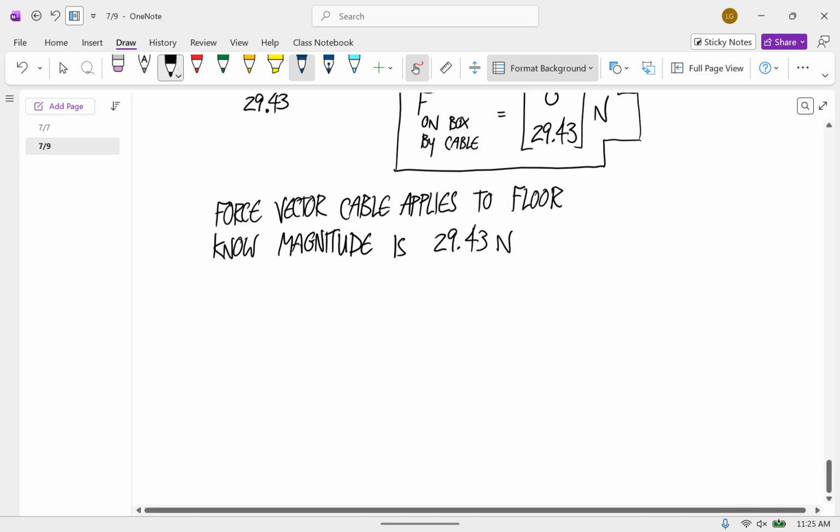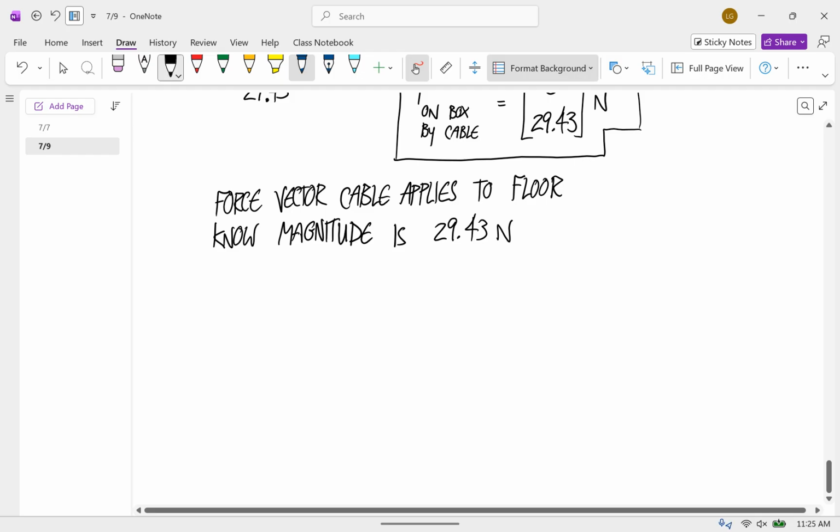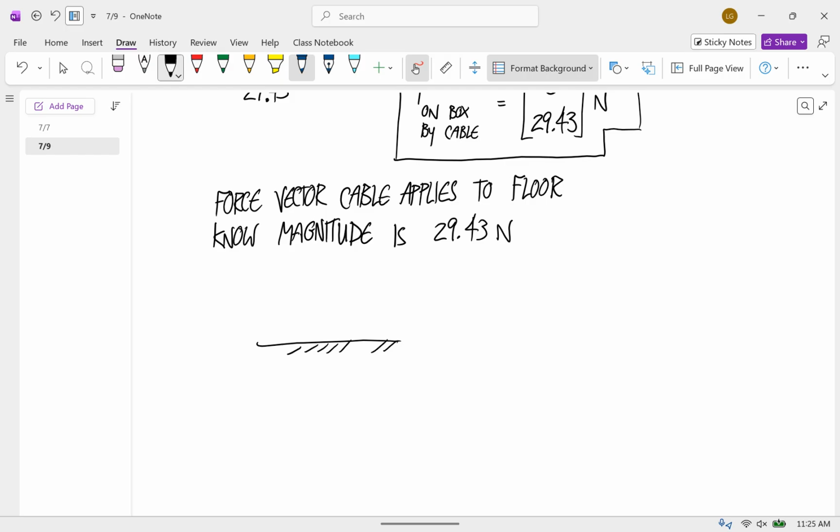What about the direction? Well, if we think about a chunk of the floor, and we have this cable attached, the rules for a cable force are that it's parallel to the cable, away from the chosen body, which in this case is the floor.